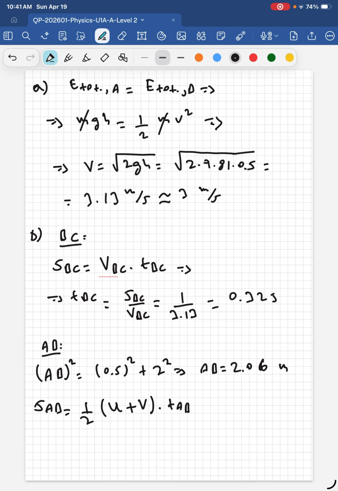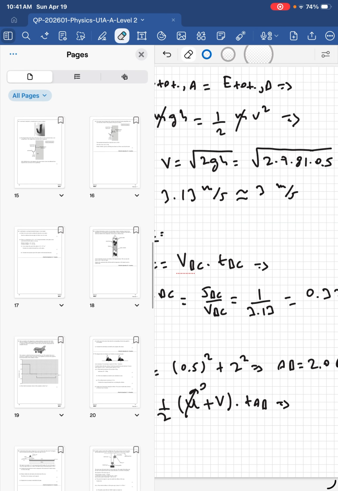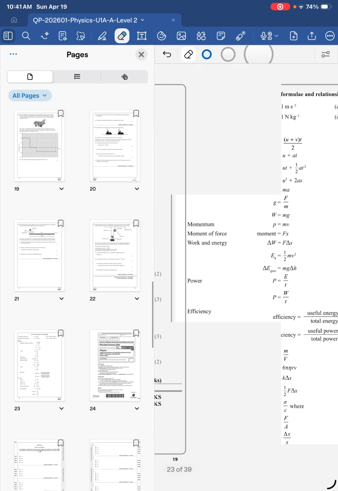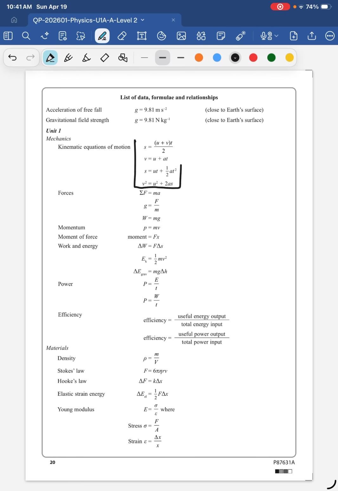Okay. Now SAB is going to be 1/2 times u, the initial velocity, plus the final velocity, times the time needed. The initial velocity is 0, right? So TAB, and by the way, I went over this a little bit fast, I should have shown you. Let me go back to the paper. Let's find the formulas. The SUVAT equations are over here. Let me box them.